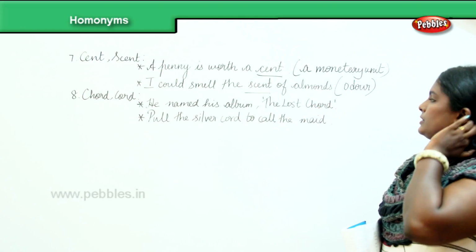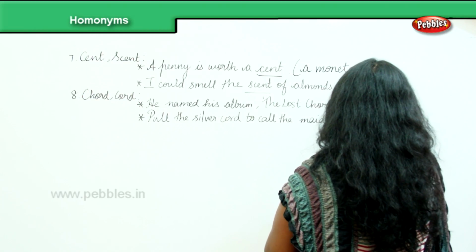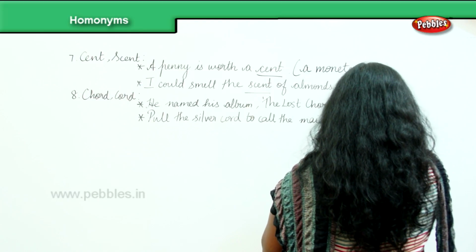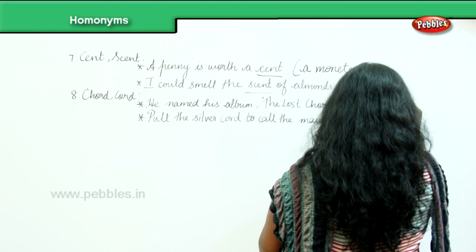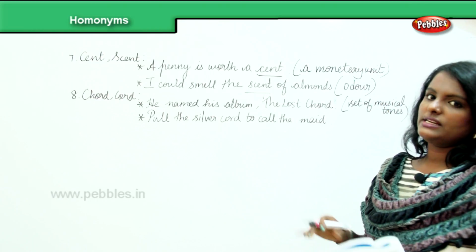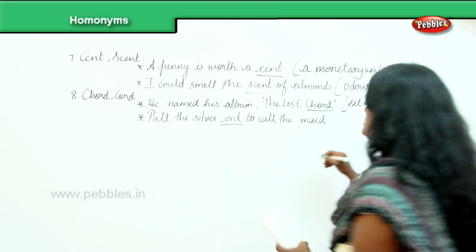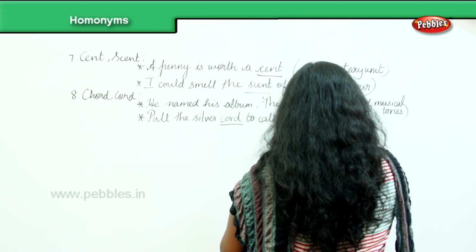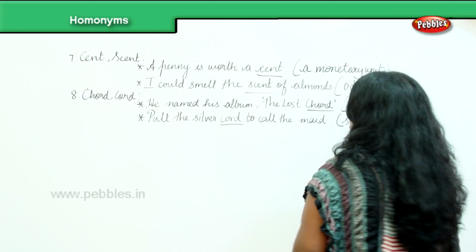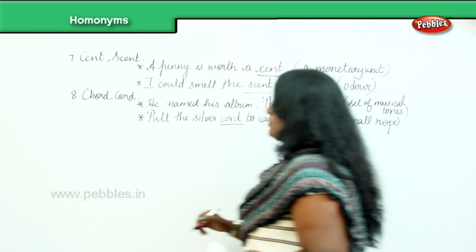He named his album The Lost Chord. CHORD is related to a set of musical tones. A set of musical tones played together at the same time is called CHORD, whereas this CORD means a small rope. Pull the silver cord to call the maid. Right? Let's move on to the next homophone.